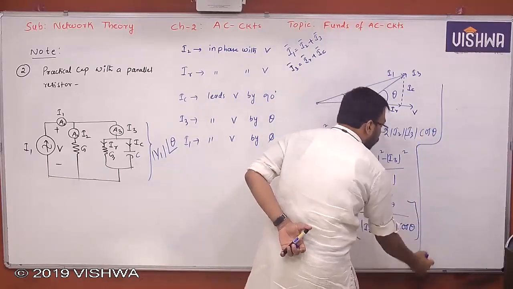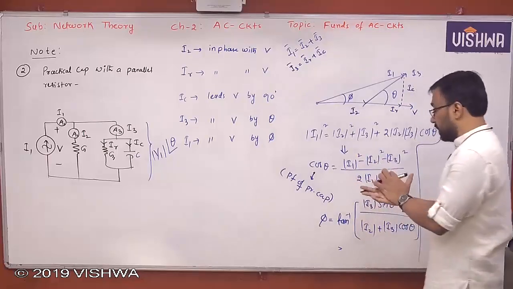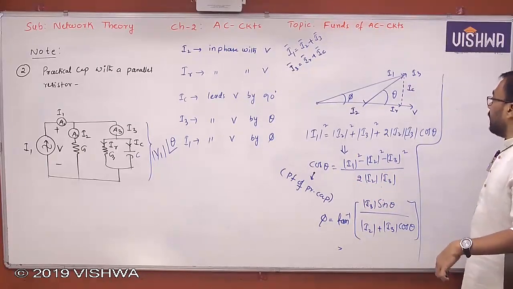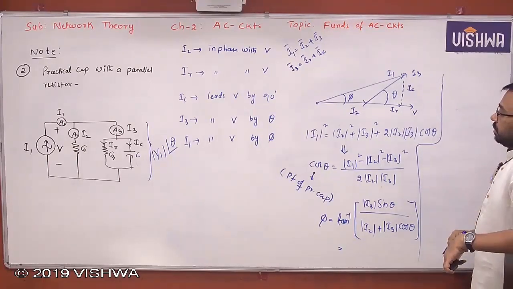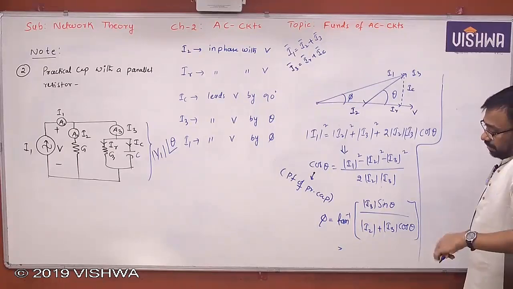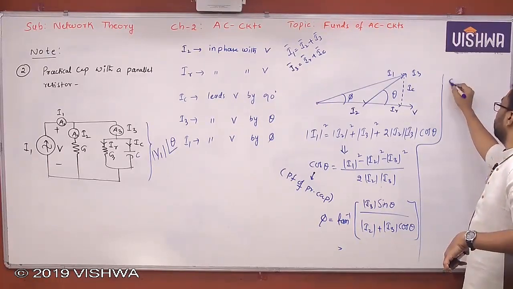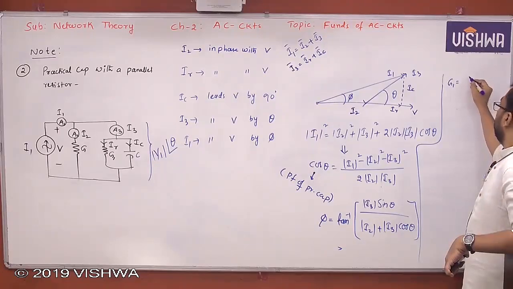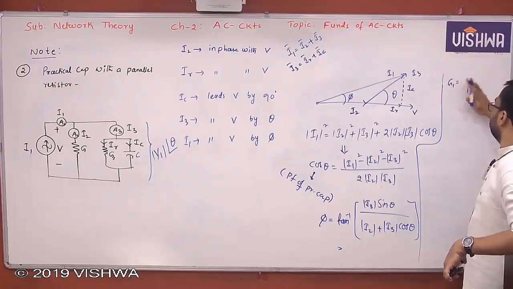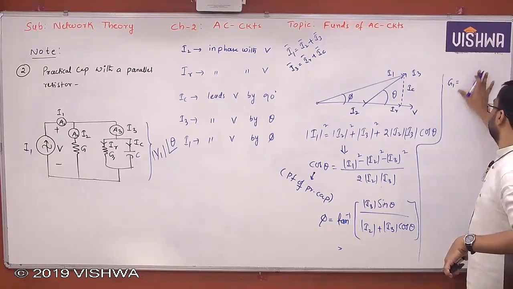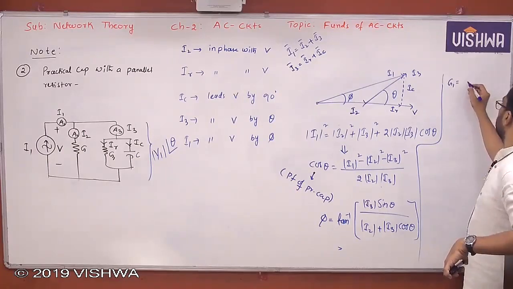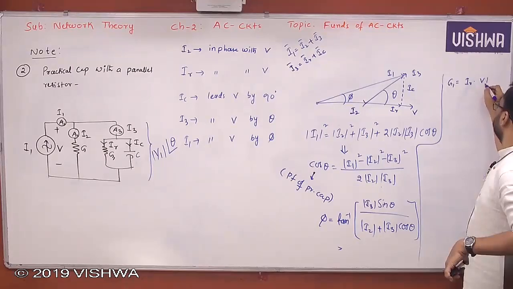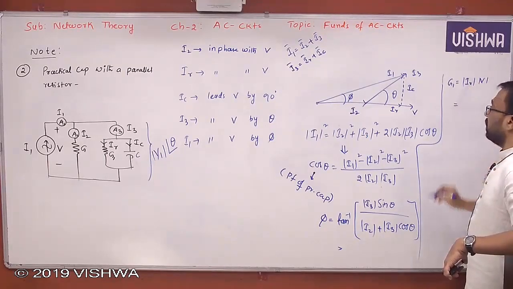Now another important one. Now you know that, you already know that G1. What is G1 actually here? I would like to find G1. G1 is nothing but IR by V. What is IR actually here?